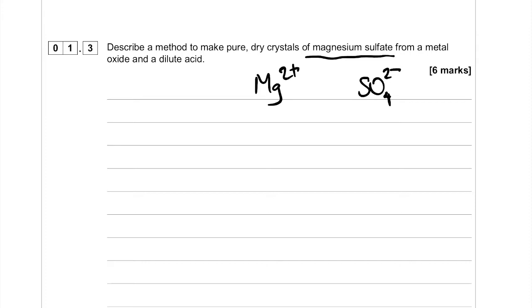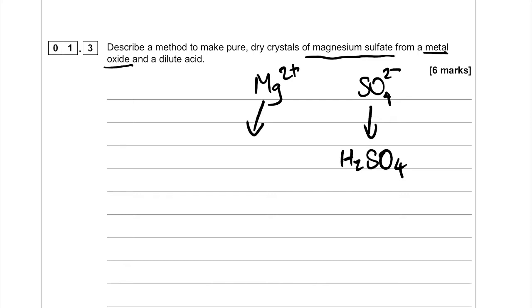So to make such a product, you need to use a dilute acid. It doesn't mention any type of strong or weak acid, so basically you can use the conjugate acid of the sulfate anion, which is H2SO4 or sulfuric acid, and magnesium you can make from a metal oxide as specified in the question.